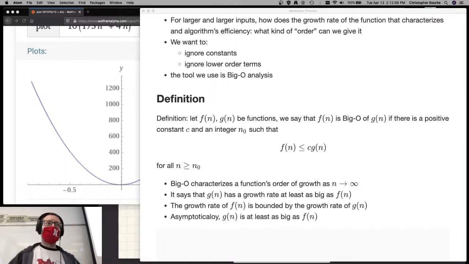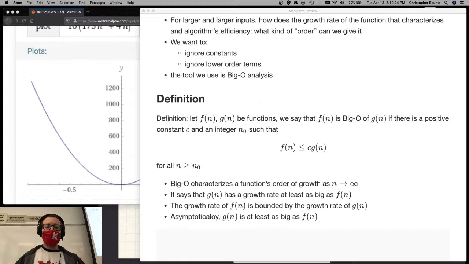And here I'm not saying bigger. If I said bigger, that inequality would be a strict inequality, strictly less than. You'd have to have a different definition that relied on calculus and limits and stuff like that. But that's the idea.